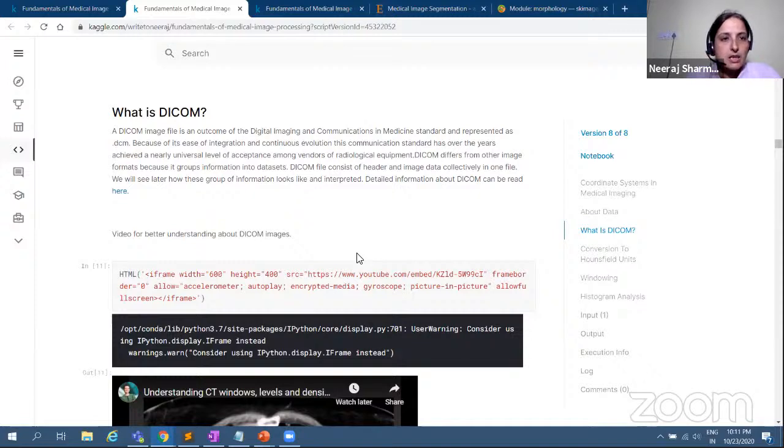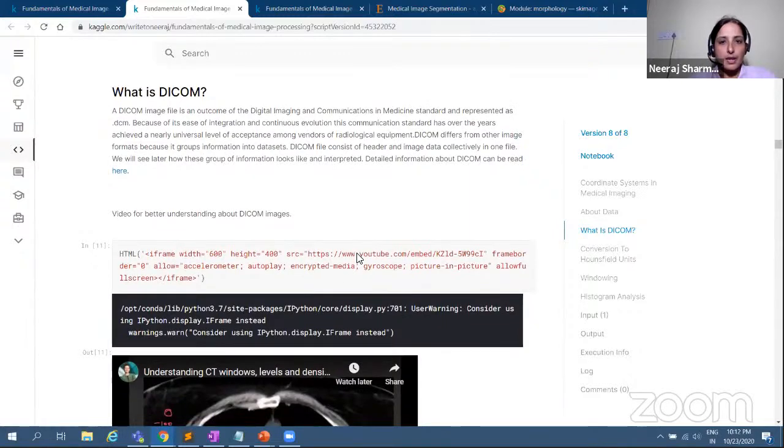So this is the DICOM. What is DICOM? Basically, DICOM is a standard. This DICOM image file is the outcome of digital imaging and communications, which is represented as .dcm. This system is so easy to integrate and continuously evolving that it has become a standard across the years worldwide.